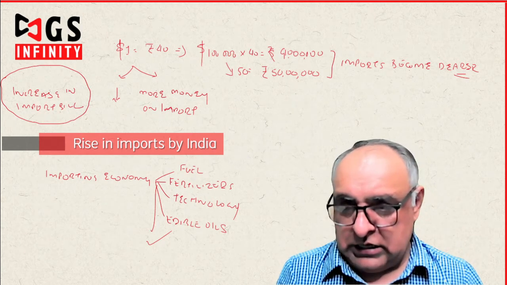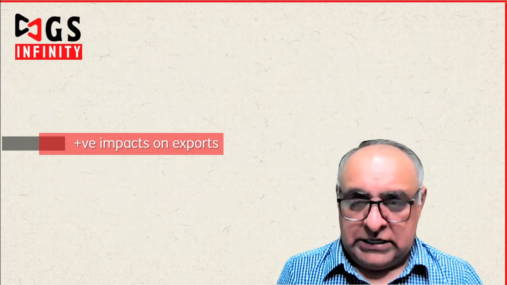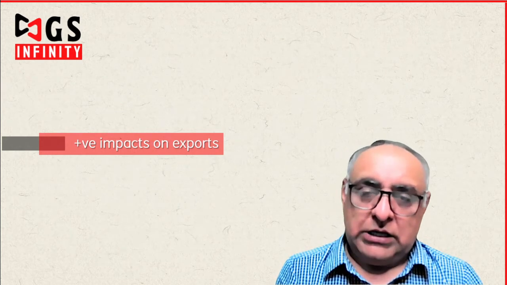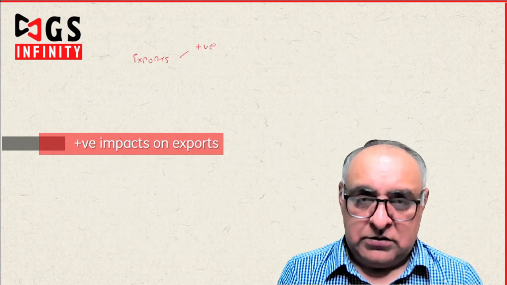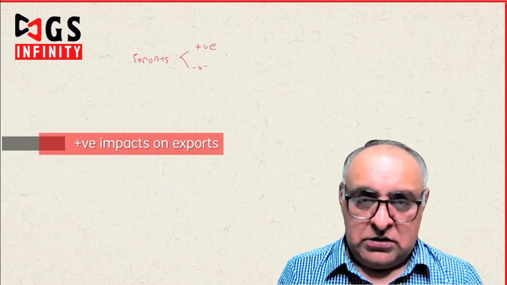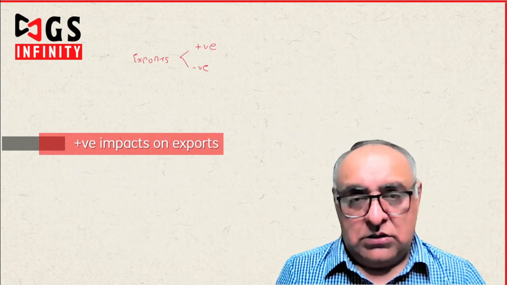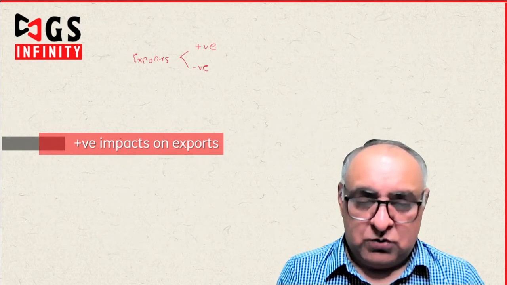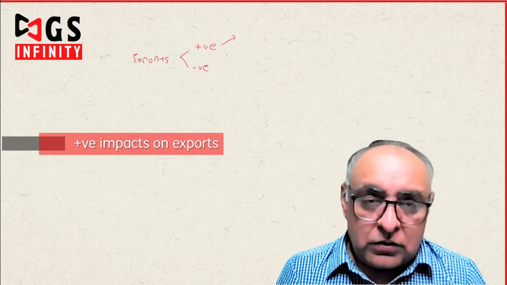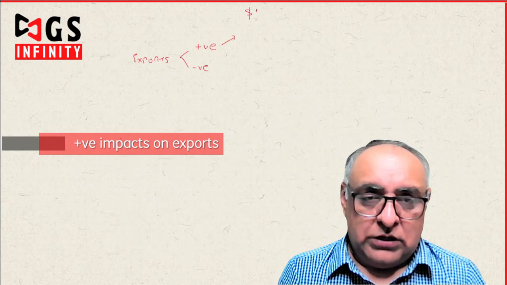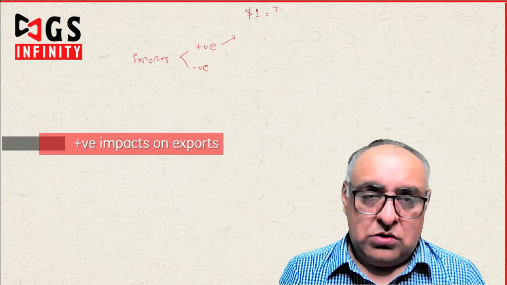So the next point is the positive impact on exports. As far as the impact on exports is concerned, it may be either a positive impact or a negative impact as well. First of all, let us discuss the positive impact. Let's suppose $1 is equal to 40 Indian rupees.